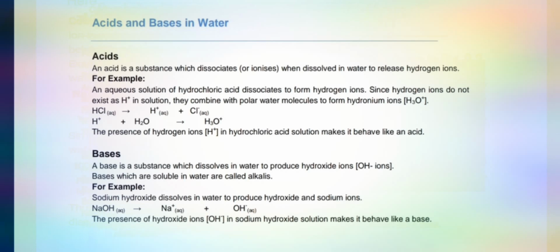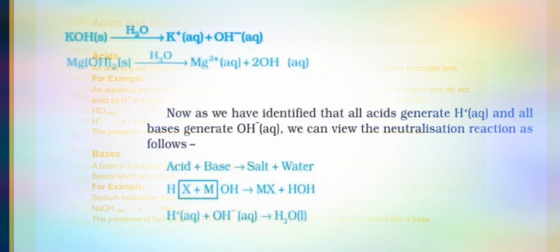NaOH gives Na plus and OH minus. The presence of hydroxide ions in sodium hydroxide solution makes it behave like a base. You have more examples here. Potassium hydroxide in the presence of water converts into K plus and OH minus. Magnesium hydroxide in the presence of water dissociates into Mg2 plus ion plus 2OH minus.